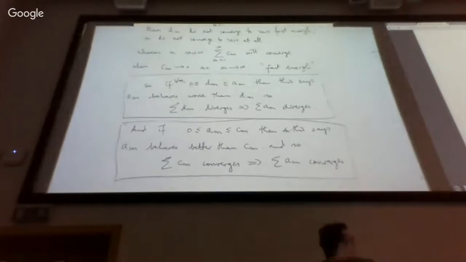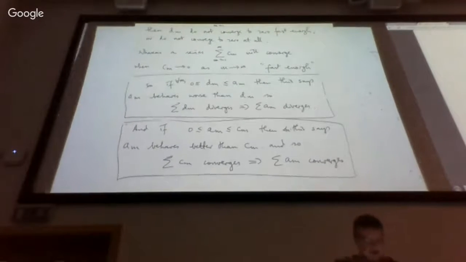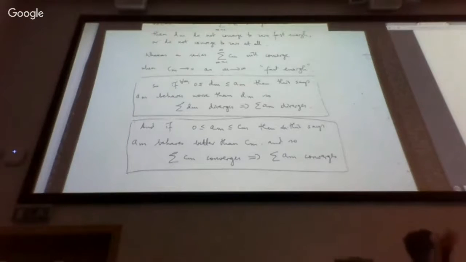I've got some examples to talk through in a moment. The limit comparison test works in a different way, but it does a similar thing. You're still making a comparison to a series that you know the behavior of. You divide the terms of the series you're looking at by the terms of the known series.